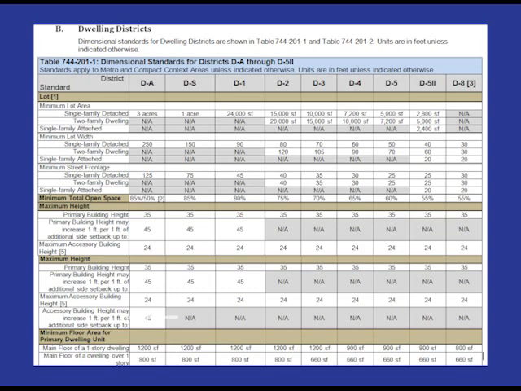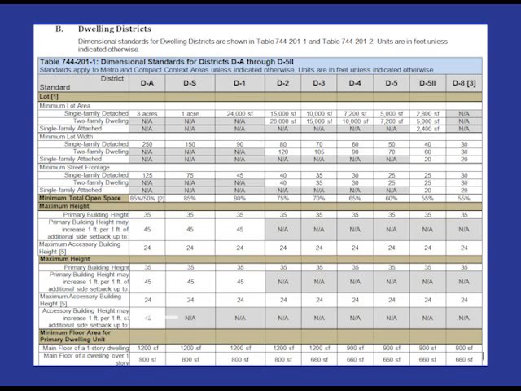We'll talk a little bit about these, particularly about open space. But these give you the requirements for the minimum lot size for single-family detached, a two-family dwelling unit. And you'll note these can differ across each of the zoning districts.